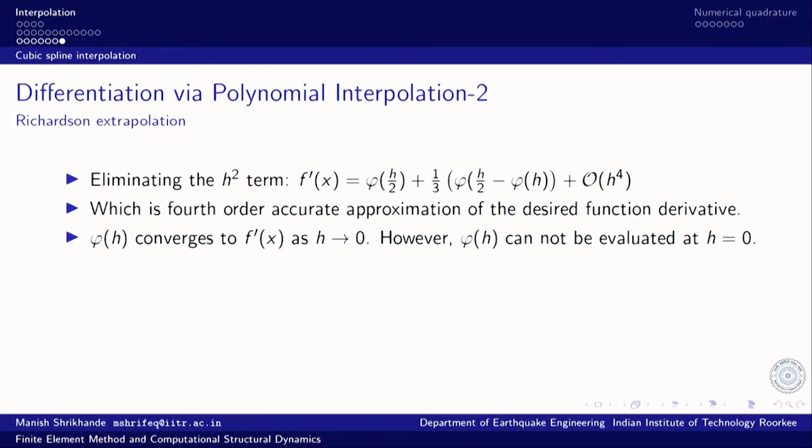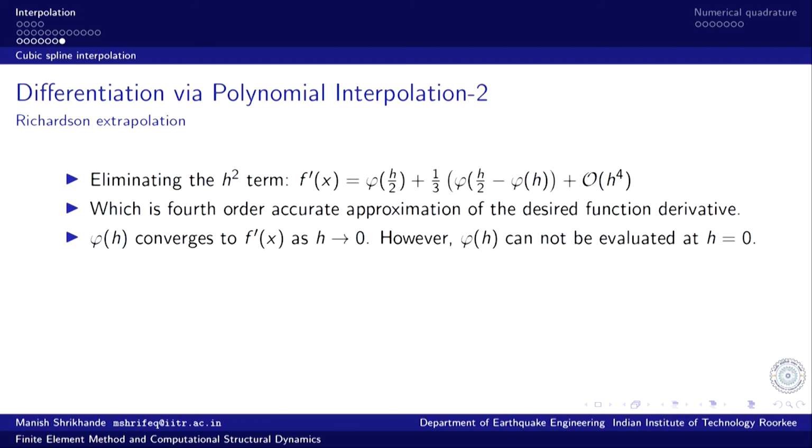This is a fourth order accurate approximation for the desired function derivative, and this function phi of h converges to the desired gradient as h tends to 0. However, we can't really compute phi of h at h equal to 0.